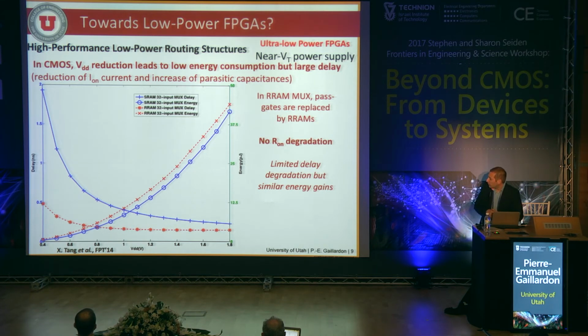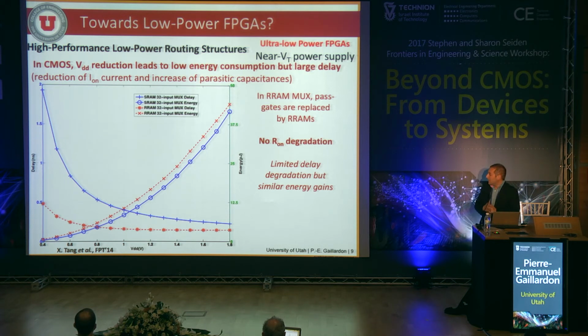On this plot, you see the energy on the right and delay on the left for CMOS and RRAM-based routing multiplexers, SRAM in blue and RRAM in red, for a different set of VDDs.